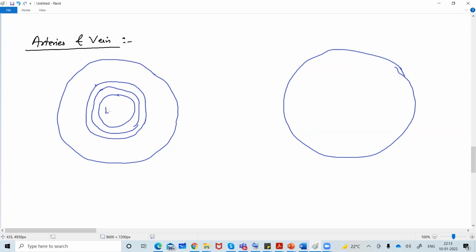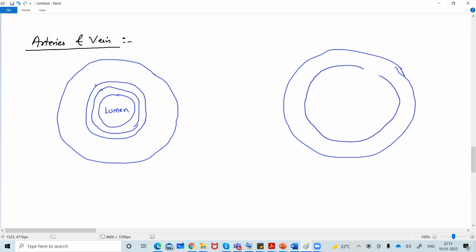And this is called lumen, the inner space. Veins have again three layers like this. This is the first layer, this is the second layer, this is the third layer.